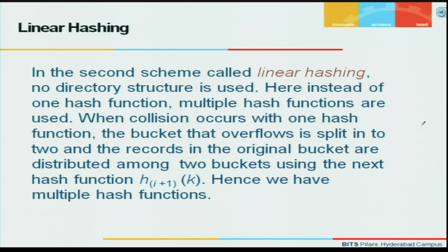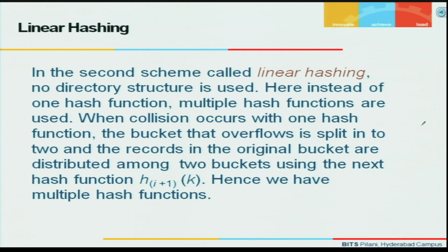The second approach is called linear hashing. In the second scheme, called linear hashing, no directory structure is used. Here, instead of one hash function, multiple hash functions are used. That is the difference between extendable hashing and linear hashing. In extendable hashing, we use a directory structure and only one hash function, whereas in linear hashing we don't use a directory structure, but we use multiple hash functions.